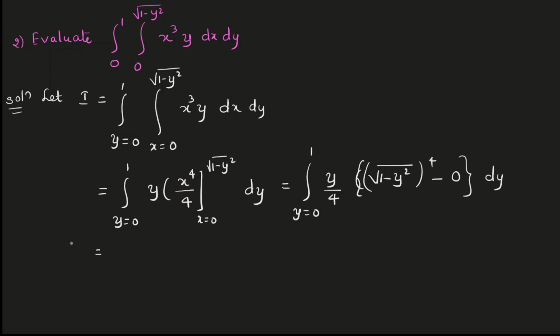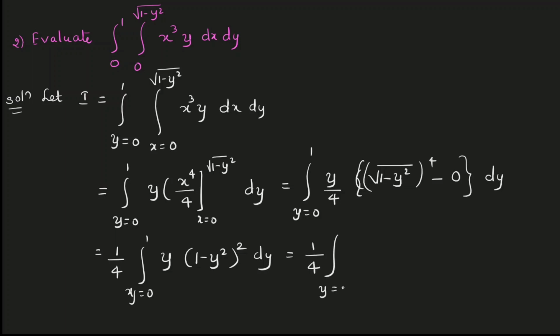Then 1 by 4, integration from y equal to 0 to 1, y into root 1 minus y square whole raised to 4. What is it? It will be 1 minus y square whole square, into dy. So we'll simplify it, it will be easy for our integration.